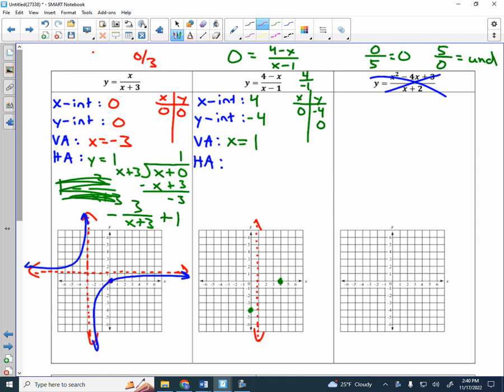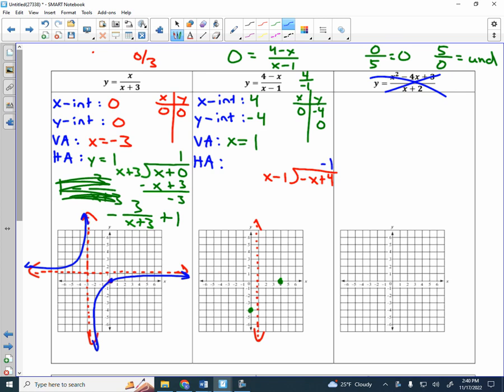And then, if you want to figure out the rest of it, you're going to have to go through the division process. So we're going to divide these polynomials. I take x minus 1 and I divide it into, I'm not going to write 4 minus x, but rather negative x plus 4. Yes, you multiply x by negative 1 to get negative x.